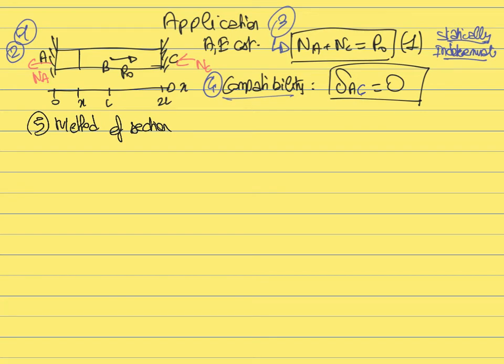Because there is a load in the middle, we will need to consider two cases, because if we isolate the left and the right, the load that will be applied to the region that we isolate will depend on whether x is lower or larger than L. So we need to take those two cases.